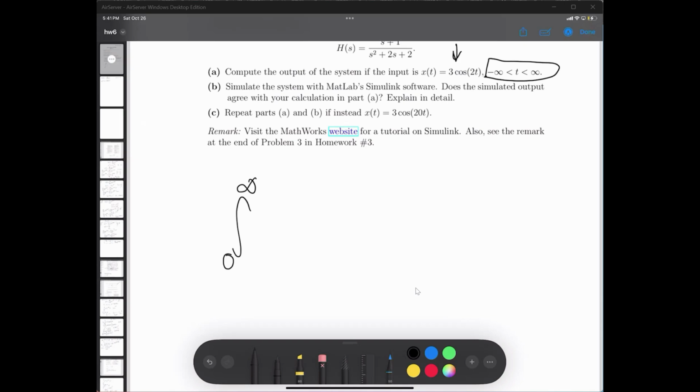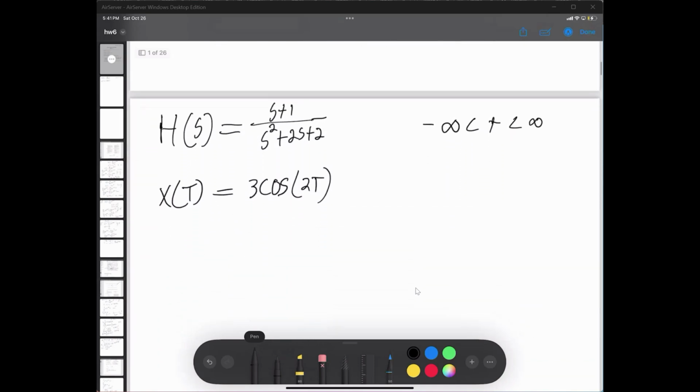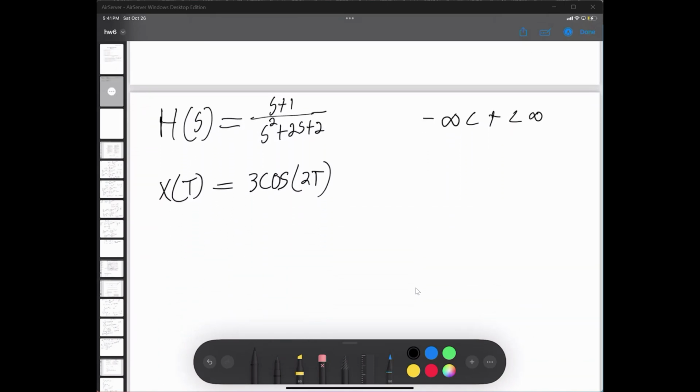When you transform with e to the negative st, if you have a negative infinity up here, that negative will cancel with the negative infinity, making it positive infinity, and it's not decaying any longer. And we need the exponential to decay to break apart the function.